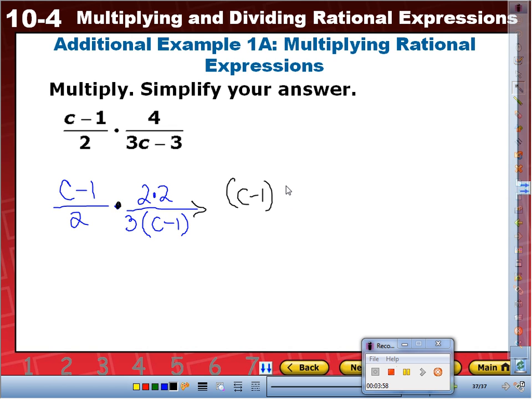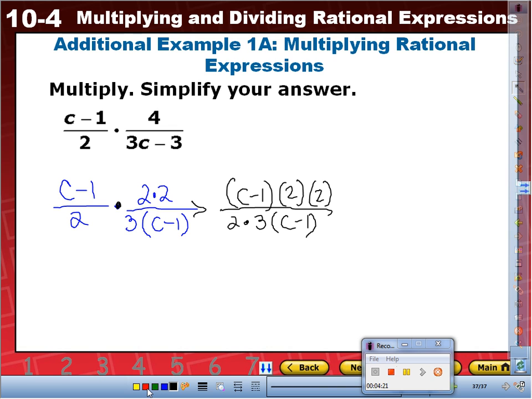So then I write 2 and times 2. So (c minus 1) times 2 times 2. Could I have written the 2 without parentheses, with just a dot? Yes, right? It's still factors. Over, what's here? 2 times 3 times (c minus 1).